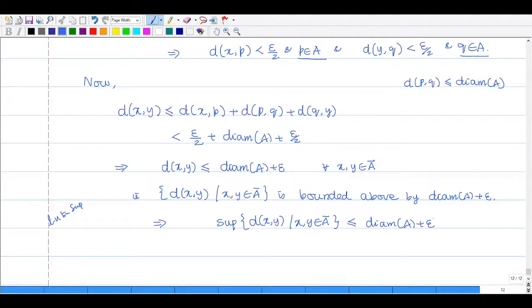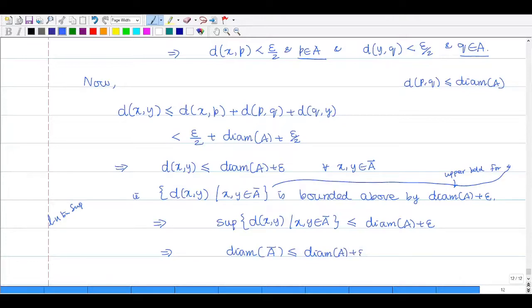This is an upper bound for this set, and the least upper bound is the smallest. So this implies that the diameter of A closure is less than or equal to the diameter of A plus epsilon.